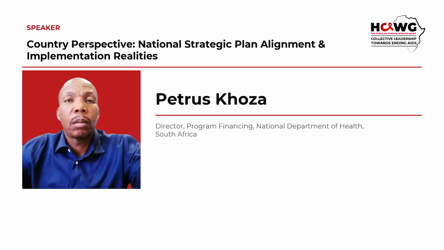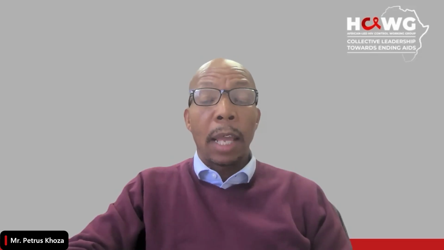But in terms of the issues I wanted to quickly highlight, I think mainly it will be on four main topics. Firstly, the issue around alignment in terms of strategies. There's usually an issue around how do we ensure that we have one common goal in terms of implementation, that all necessary stakeholders and role players get to play their part in ensuring that the national targets are achieved.